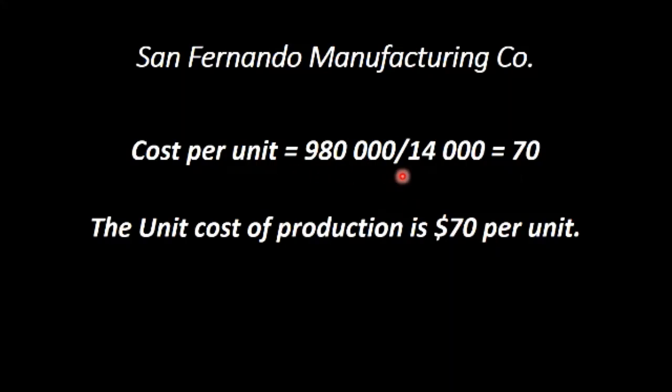So in any problem that you get, the last figure at the bottom of the manufacturing account, you divide it by the number of units and you will get the cost per unit. It's a normal part B or part C of a question to get in CSEC in your exam, right? To calculate the unit cost of production.